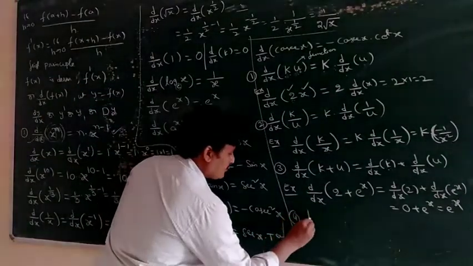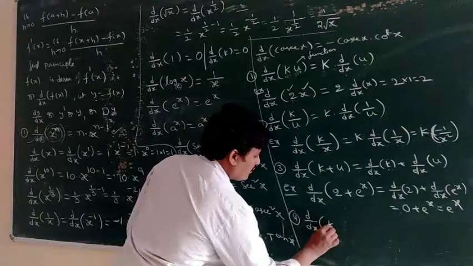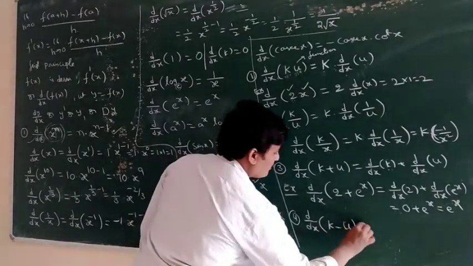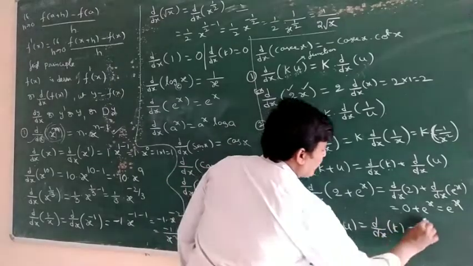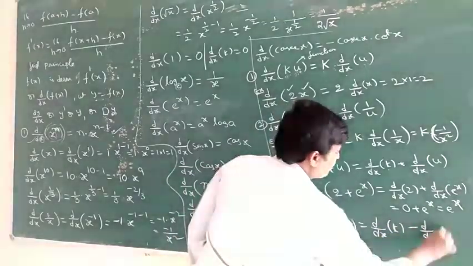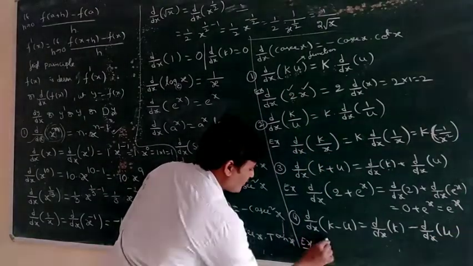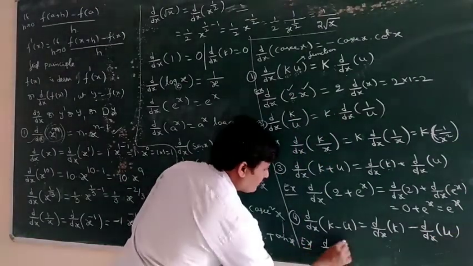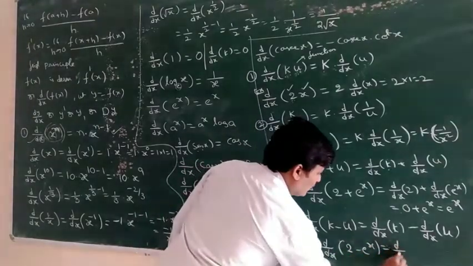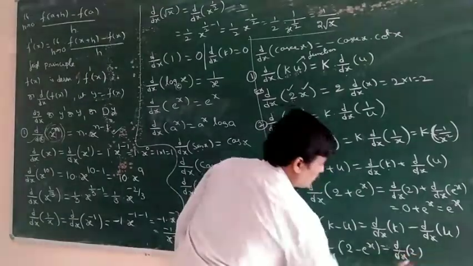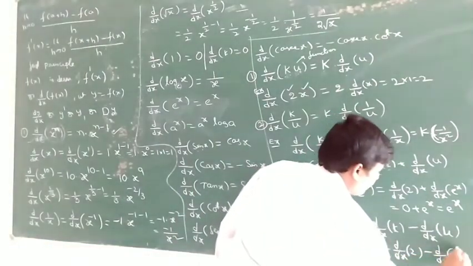Next, fourth one. d by dx of k minus u. So minus also no problem. d by dx of k minus d by dx of u. An example, d by dx of 2 minus e power x is equal to d by dx of 2 minus d by dx of e power x.